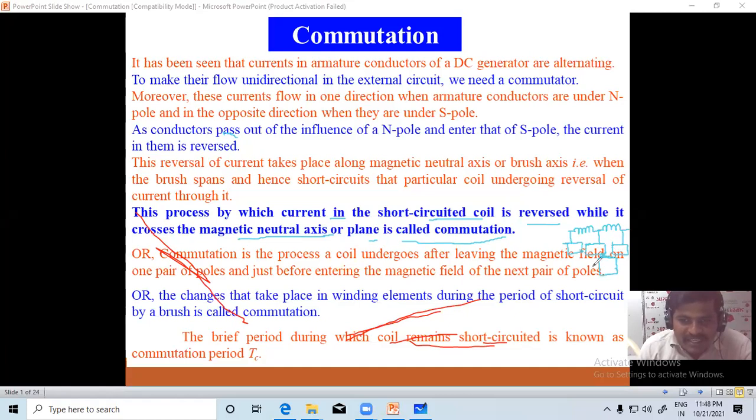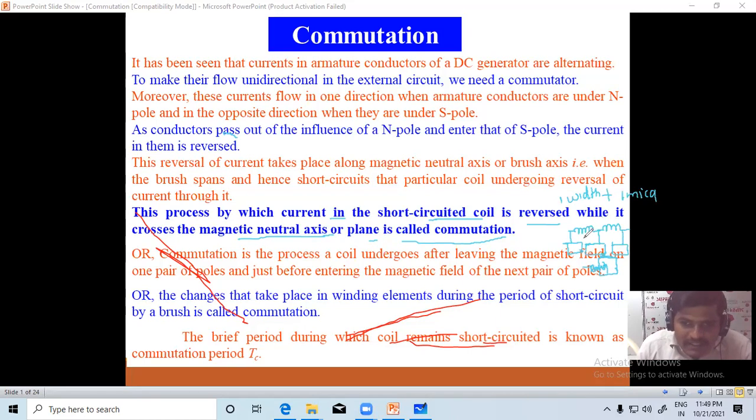Again one sentence: the width of the brush is equal to the width of one commutator segment plus one mica insulation.